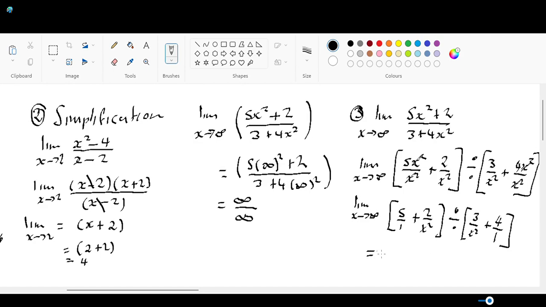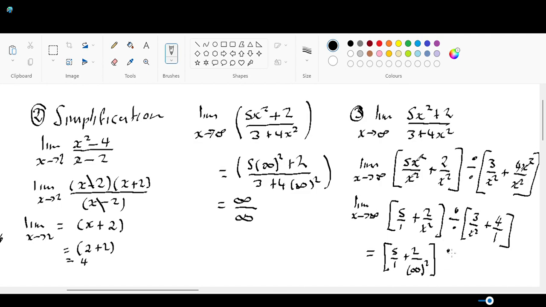Now you start doing your direct substitution here. So when you do it, this is going to be 5 over 1, plus 2 divided by infinity squared, where there is x. Remember, x is approaching infinity.